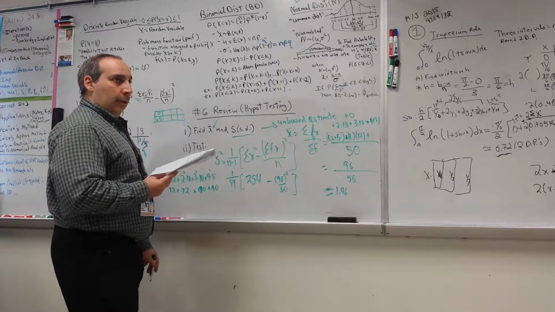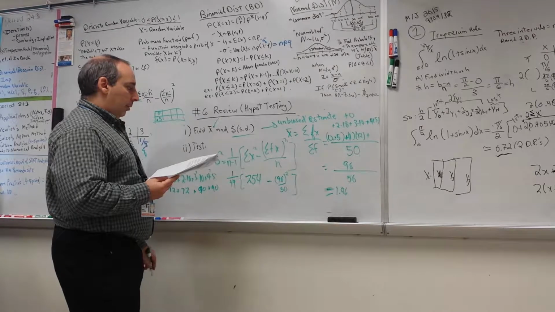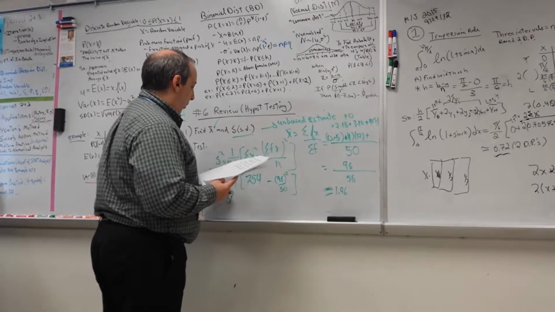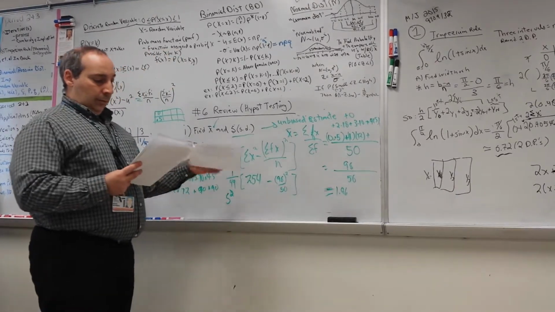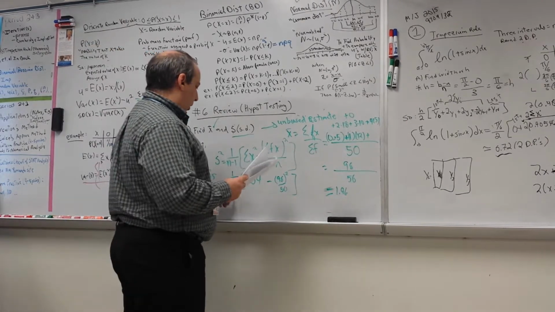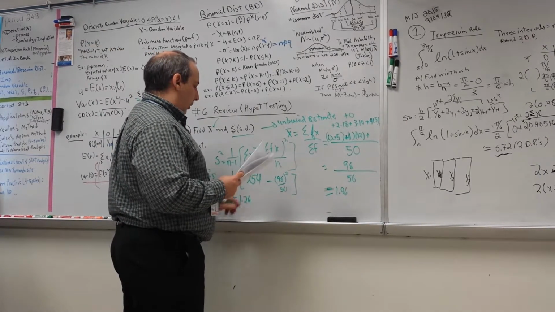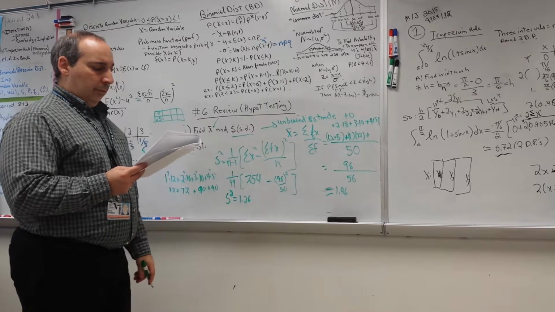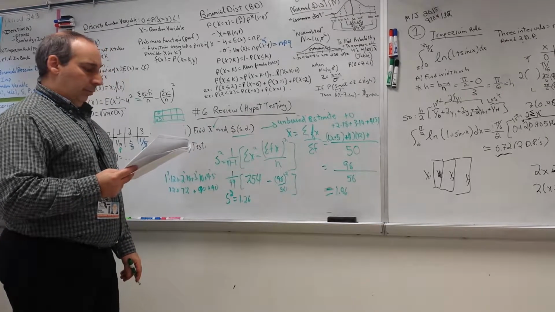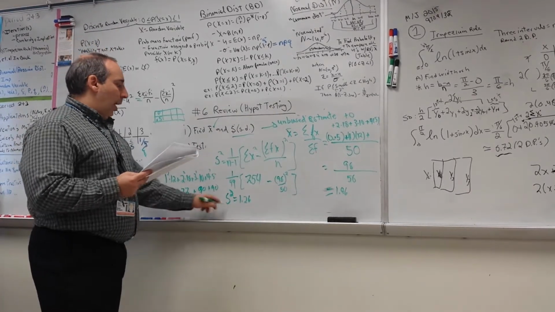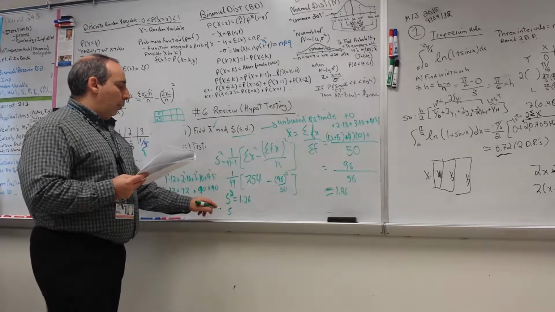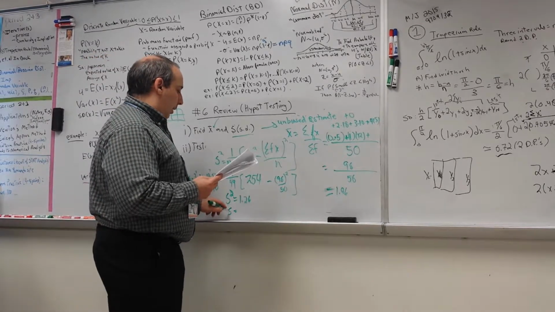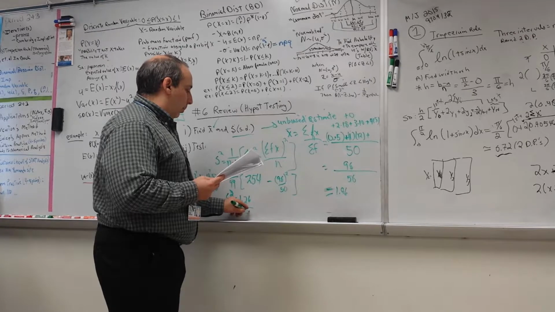And then the answer is 254. I got 1.22. Yeah, 1.22 is pretty good. I got 1.26. Okay, not bad so far. Now, if you wanted the standard deviation, it's the square root of 1.26.